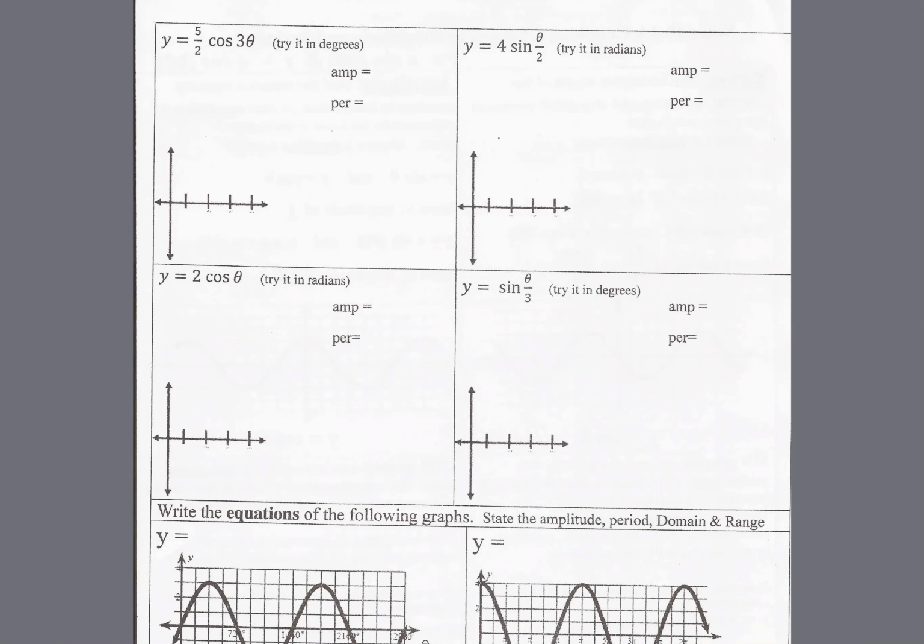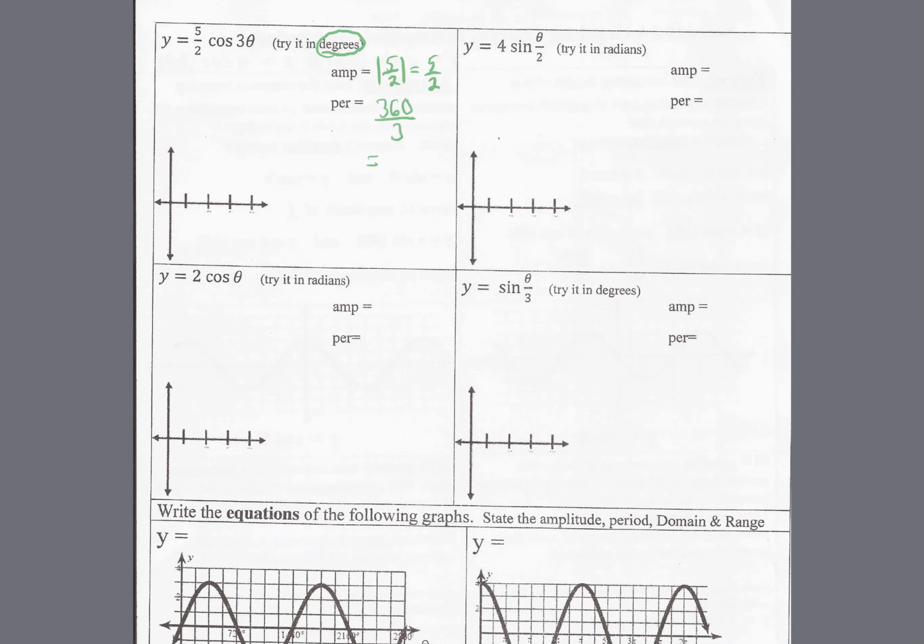Okay, so this one here, the amplitude is the absolute value of 5/2, which is just 5/2. And for the period, this one says degrees. So I'm going to do 360 over b. So my b is 3, the coefficient of theta.